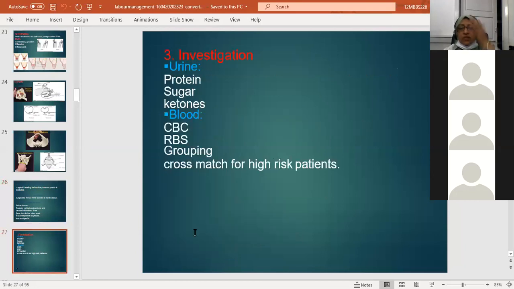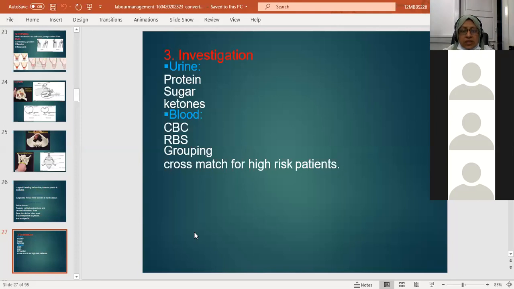What investigations will you do? If the patient comes to you, after taking the history and doing the examination, you send certain investigations like CBC, complete blood count. If she is a booked case, then you review the record and assess how much time has passed since such investigations.